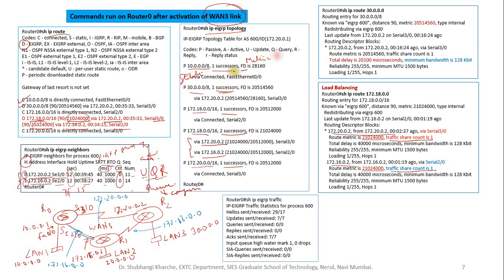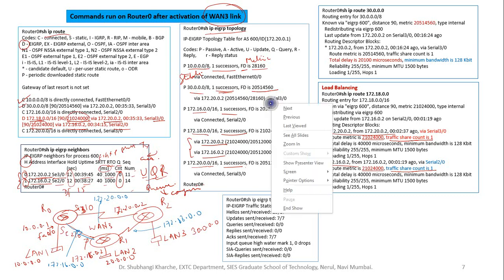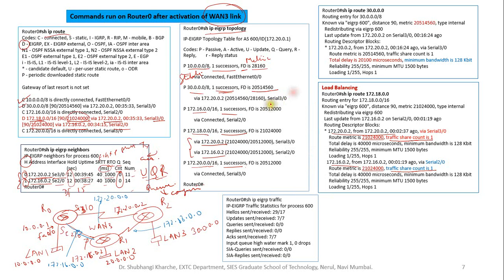The metric to reach 10 dot network is 28160. The metric to reach the 30 dot network is 20514560 and so on. And this EIGRP topology also displays the serial link or the interface with which the network is reachable.